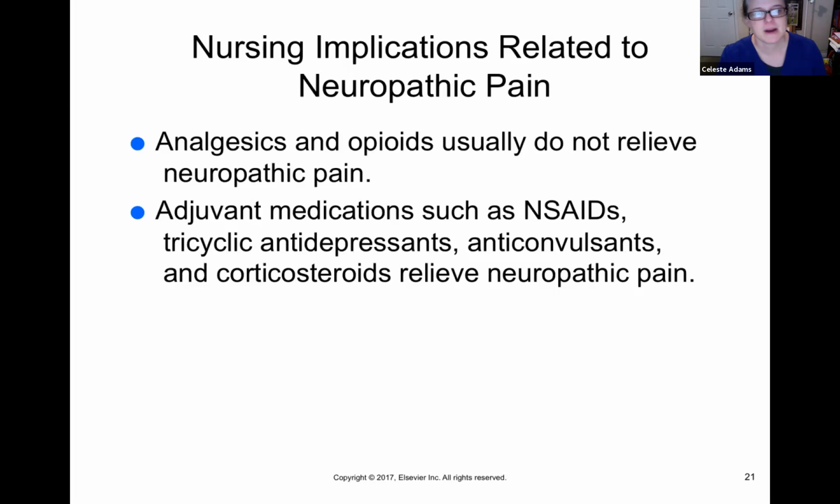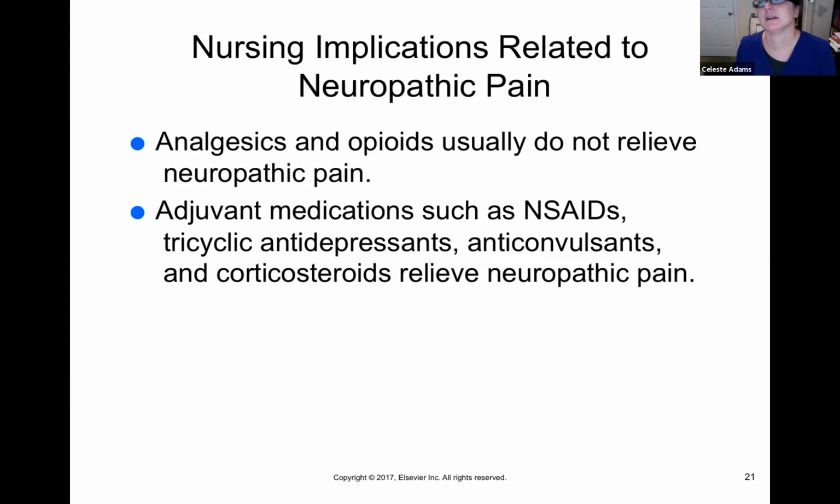But your primary treatment in neuropathic pain would be something that is going to get to that neuro level, such as stimulation, surgery.